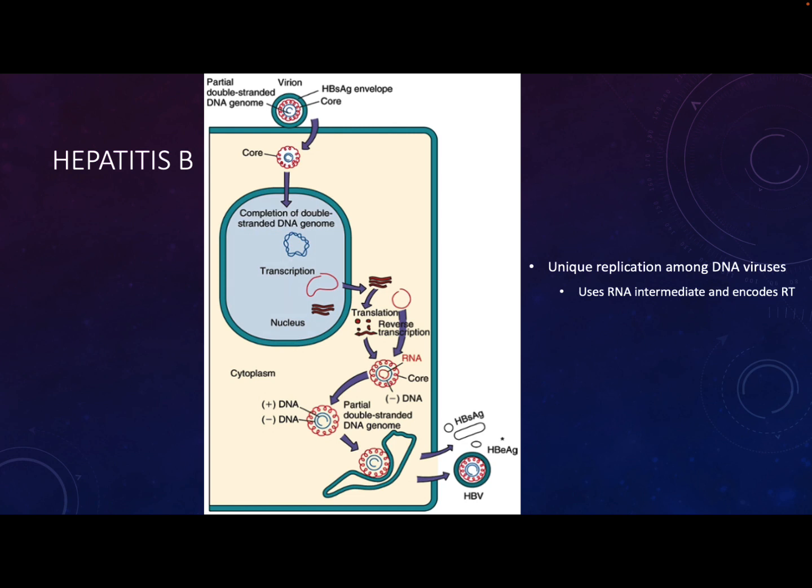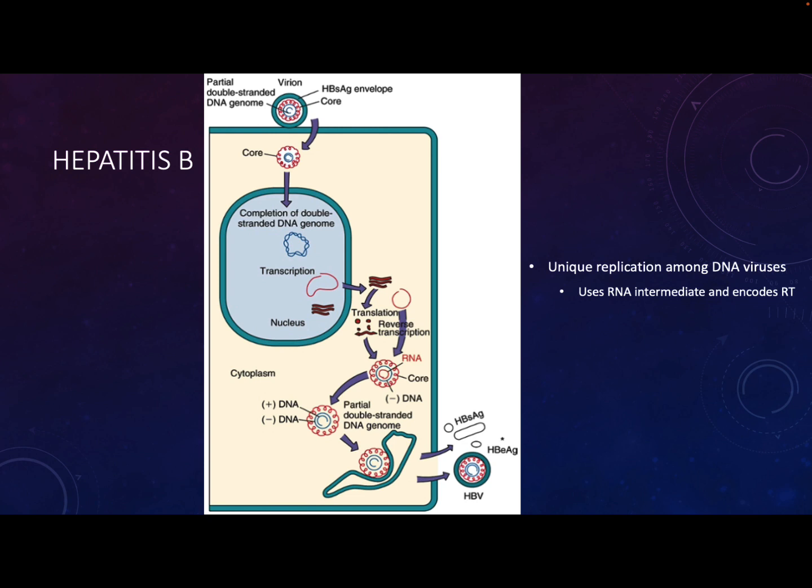But what hepatitis B does differently is out in the cytoplasm, it uses the RNA that it has transcribed as a template for DNA synthesis. So it uses reverse transcriptase to read RNA into DNA.